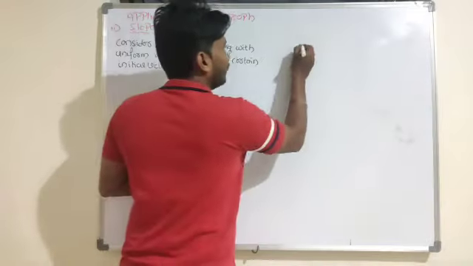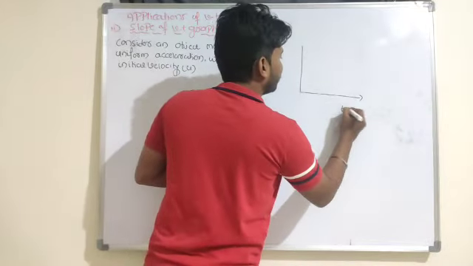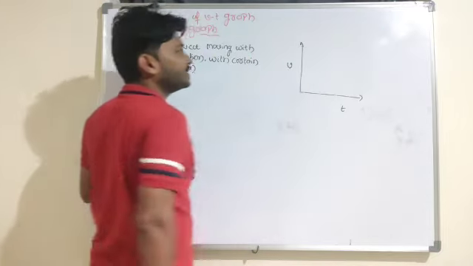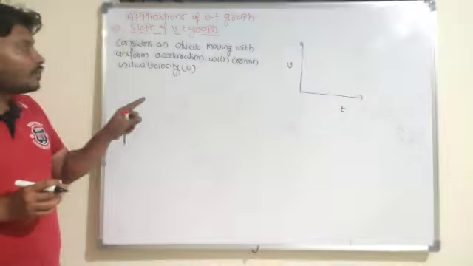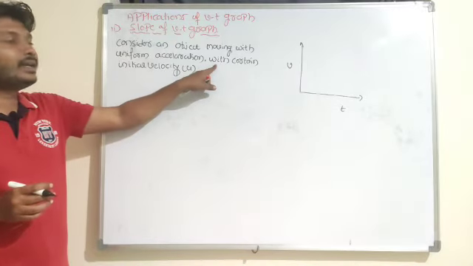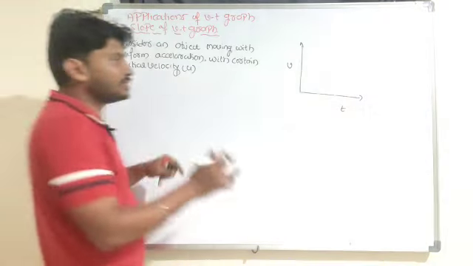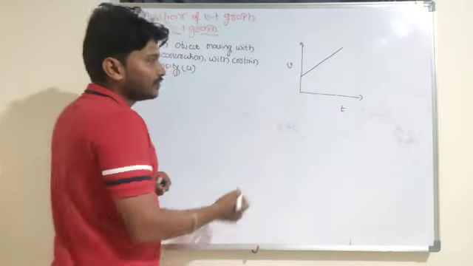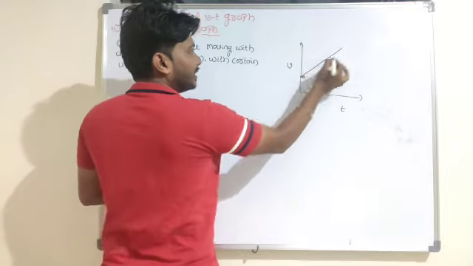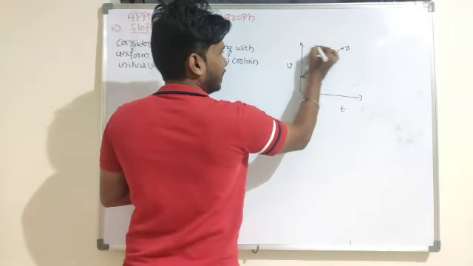So look at here, I will draw the velocity time graph. Time is along the x-axis, velocity is along the y-axis. So for uniform acceleration, if the initial velocity is not 0, it intercepts the y-axis here. For example, this is the initial velocity and this is the final velocity.